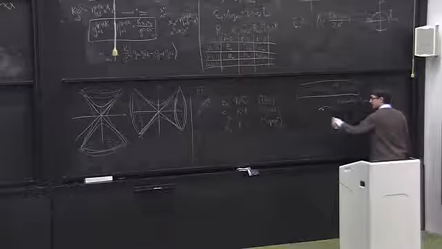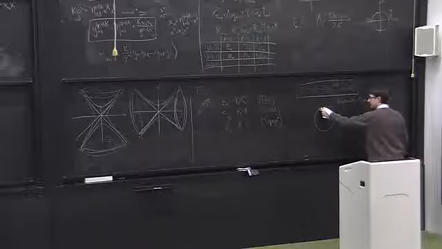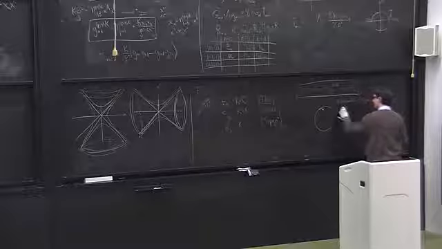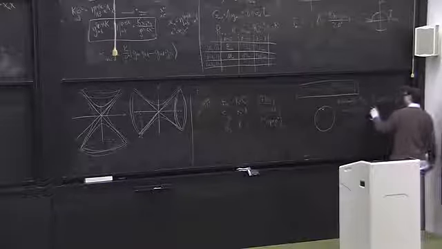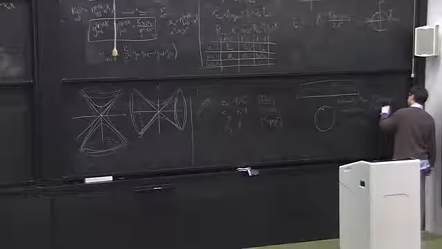Your observations again won't be able to distinguish between you being at this point and you being at this point. So it's also symmetric under spatial translations, and that's called homogeneity, or spatial homogeneity.